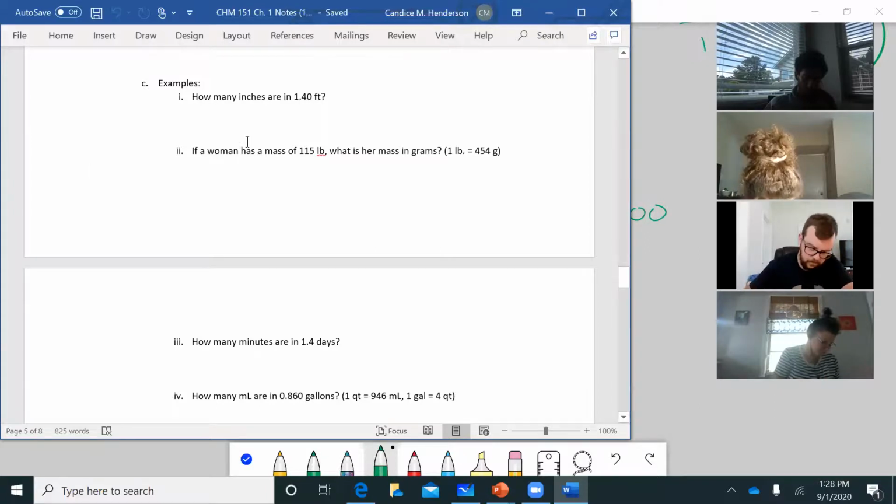Which one are we doing? Okay, so when looking at the screen, David, do 2 and 3.